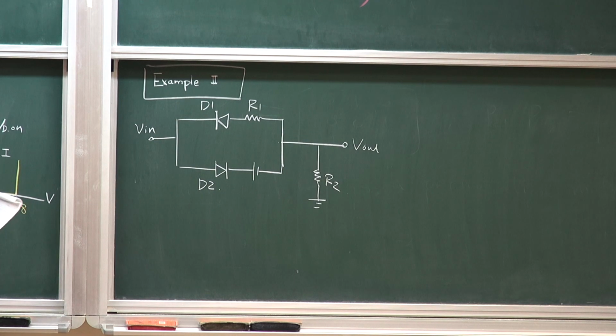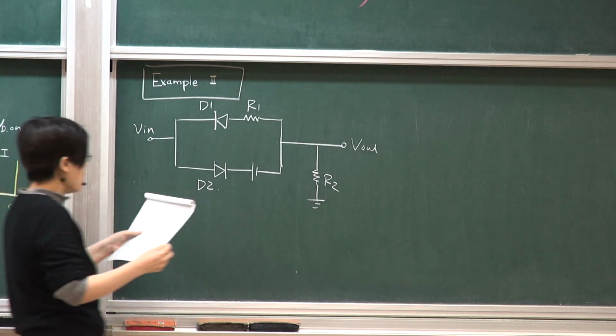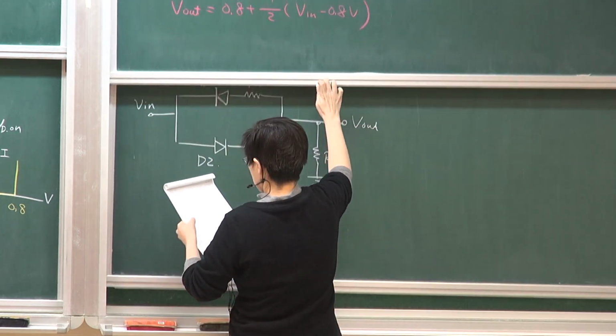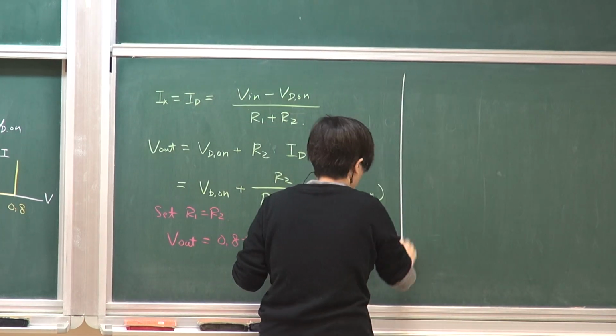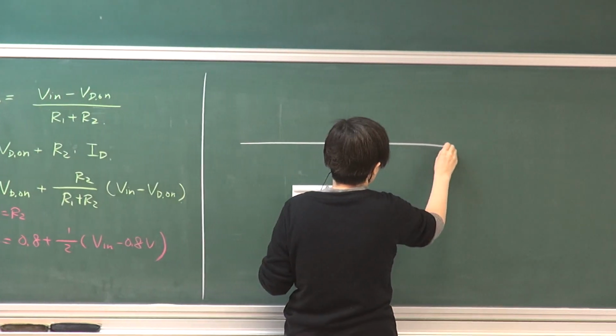Not necessarily all the scenarios will happen, depending on the setting of your circuit. But it's the same thing: we expect you to generate a transfer function also from -5 to +5.